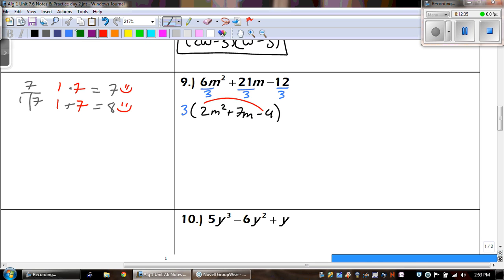Nope. So when you multiply, you get negative 8. 1 times 8 and 2 times 4. Which numbers multiply to get to negative 8, but add up to get to 7? Okay, it's 1 and 8 with a negative 1.